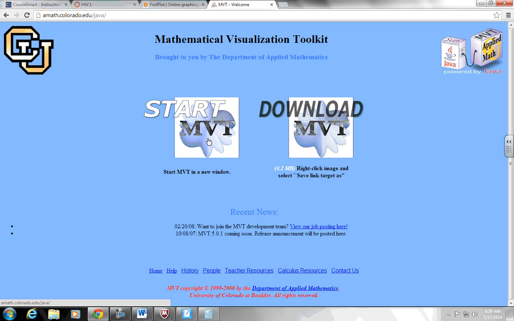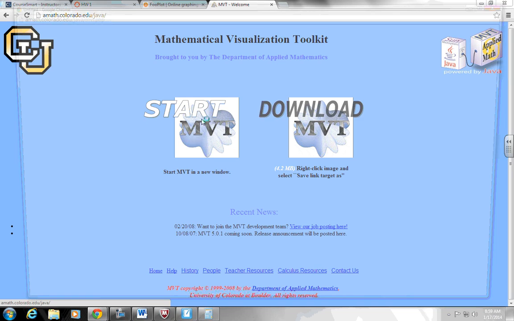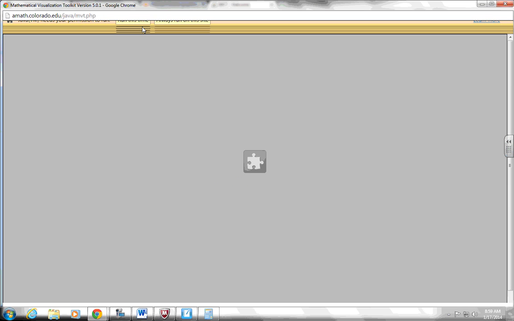It stands for mean value theorem, and those people at CU Boulder decided to get all cute with us and build this program, and they tried to fake the name MVT, so that's where Mathematical Visualization Toolkit comes from. And this computer is a little cranky as far as running Java stuff, but it's really good. It does some things that your basic graphing calculator won't be able to do.